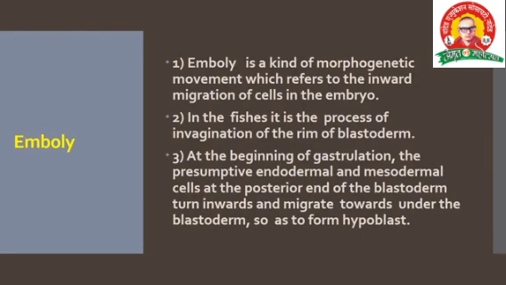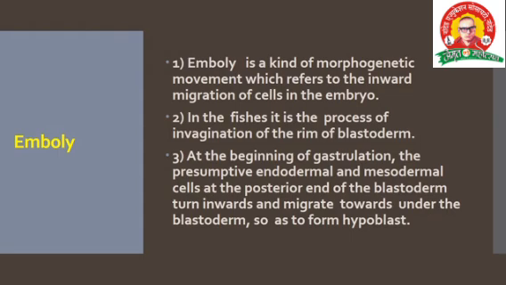Then about emboly. Emboly is a kind of morphogenetic movement which refers to the inward migration of cells in the embryo. In this species, it is a process of involution of the rim of the blastoderm.